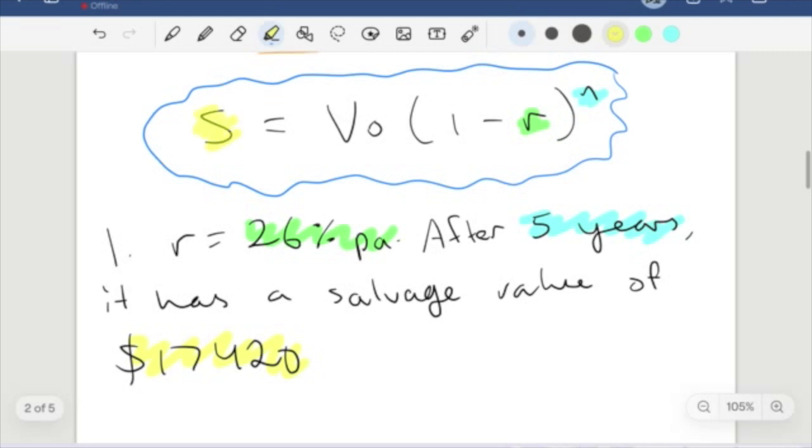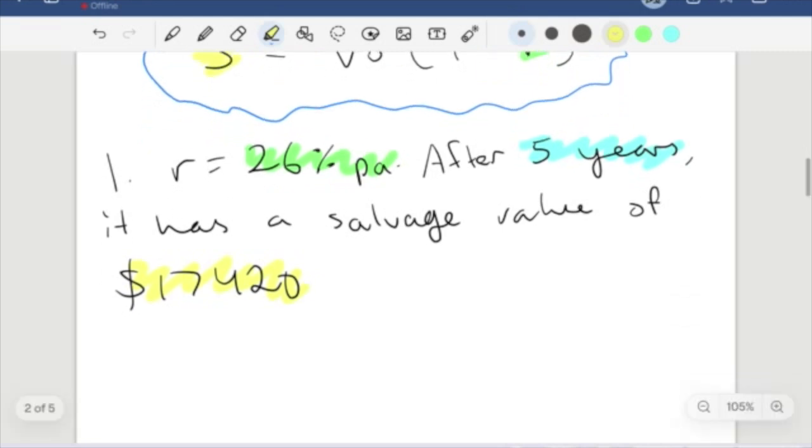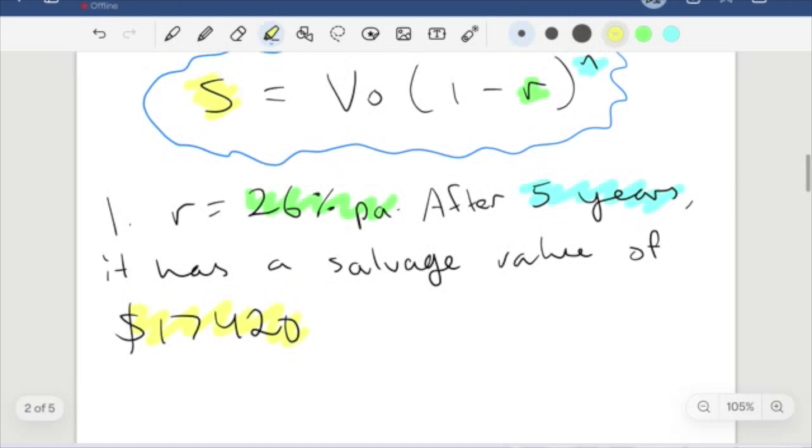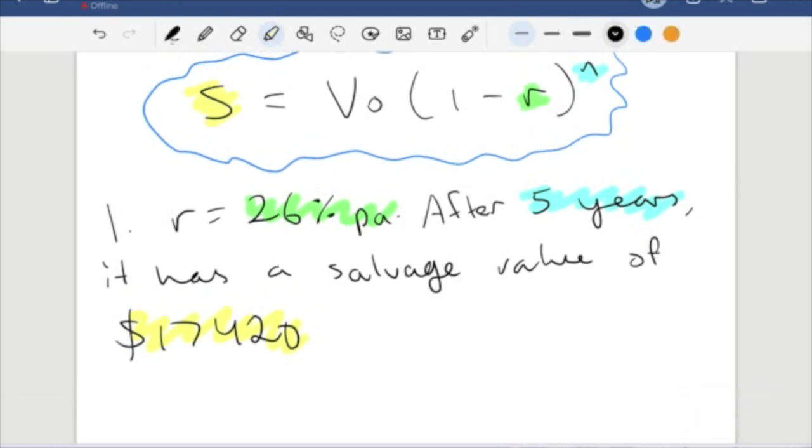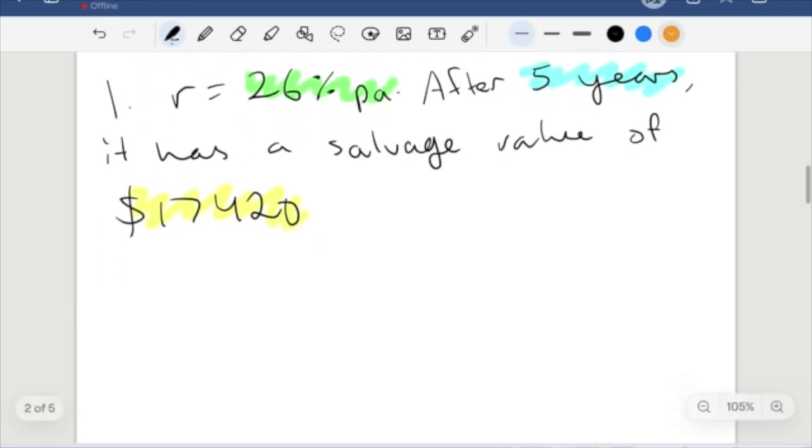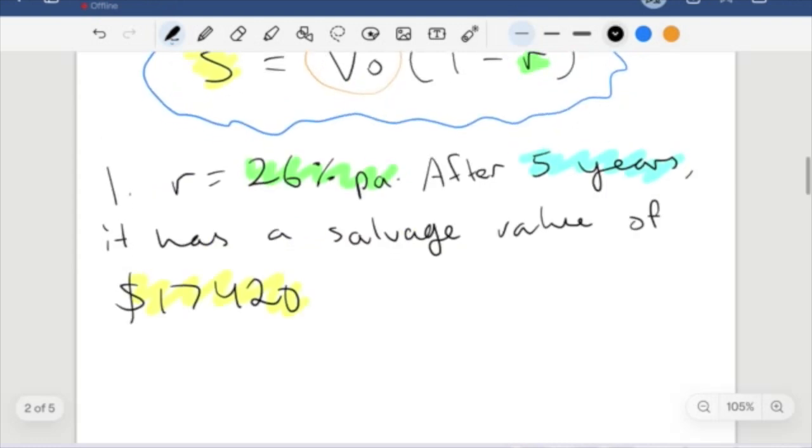So this guy here is 17,420. We're going to want to work backwards for this question in order to find the initial amount that the car was, the initial cost of the car.